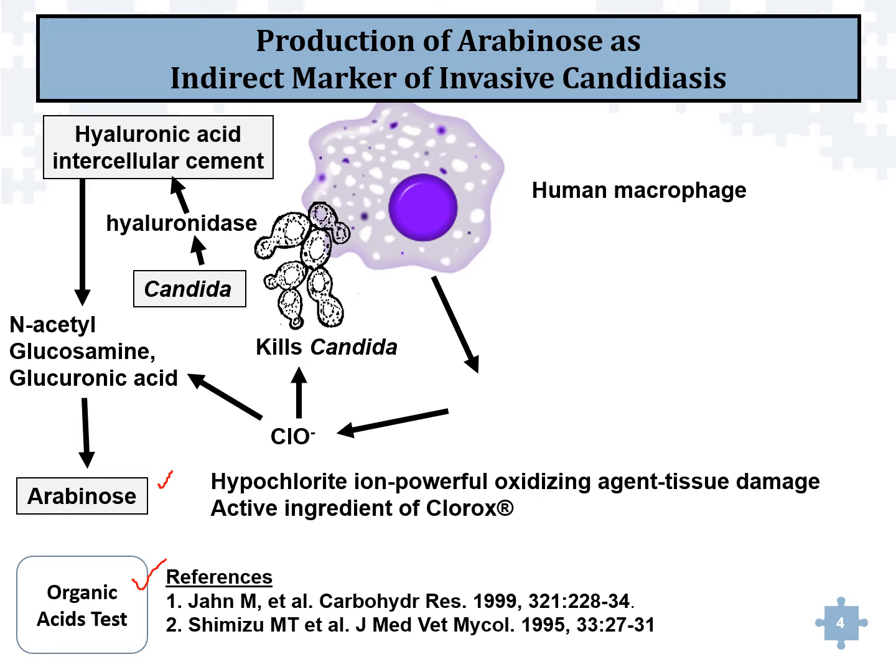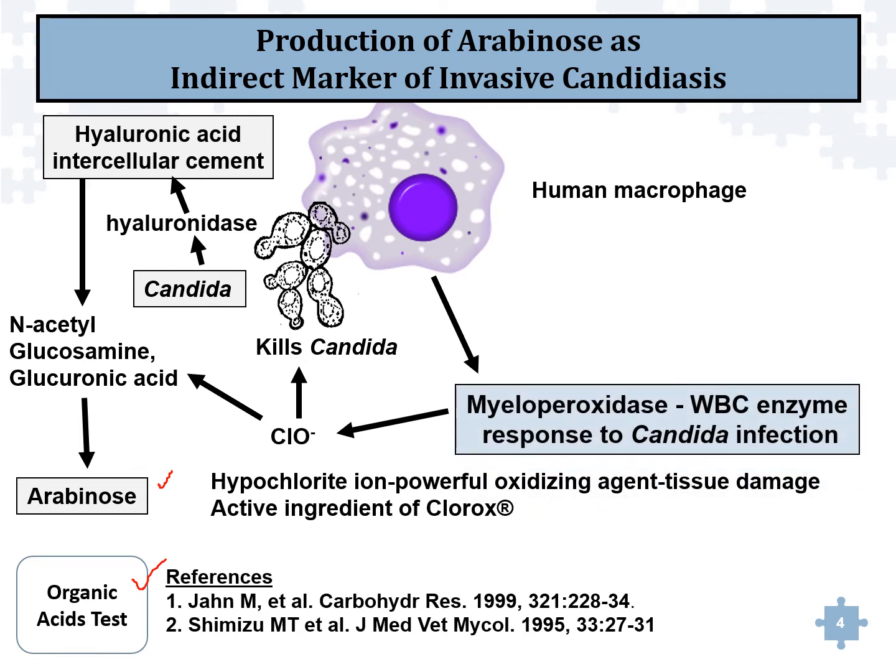The other thing that's happening in this particular case is that when we have an invasive cell like Candida, it ends up causing myeloperoxidase production. Now, myeloperoxidase is a chemical that's actually released by neutrophils in an attempt to attack or break down Candida.